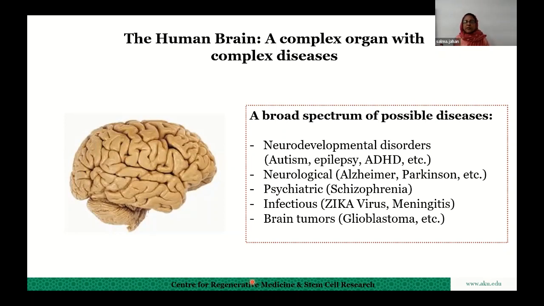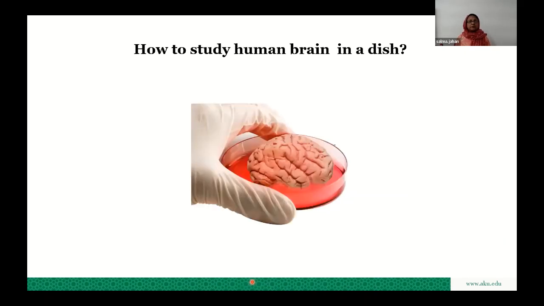All these are complex diseases, but we don't have many model systems to understand and cure them in a short period of time and under less economical conditions. So how do we study the human brain in a dish? That's the question we all have every day when we do research in the lab.